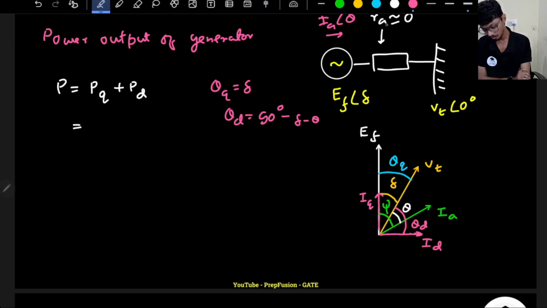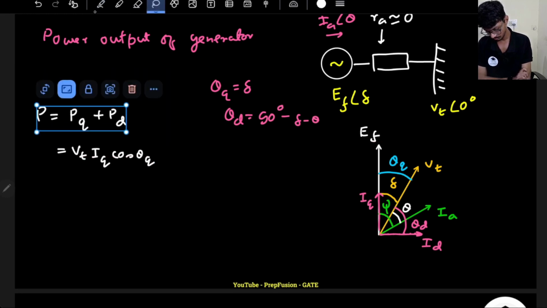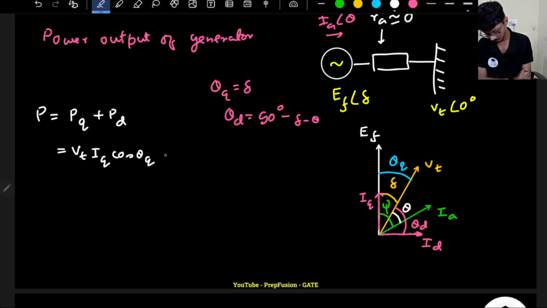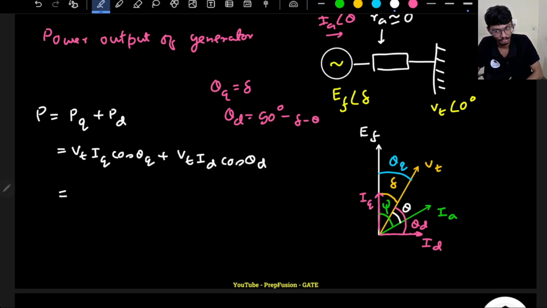So the power will be VT into IQ into cos of theta Q plus VT into ID into cos of theta D. Now, VT into IQ into cos of theta Q, that is what I want to find out.